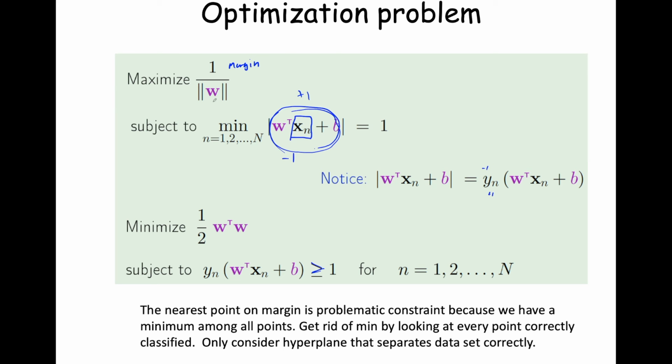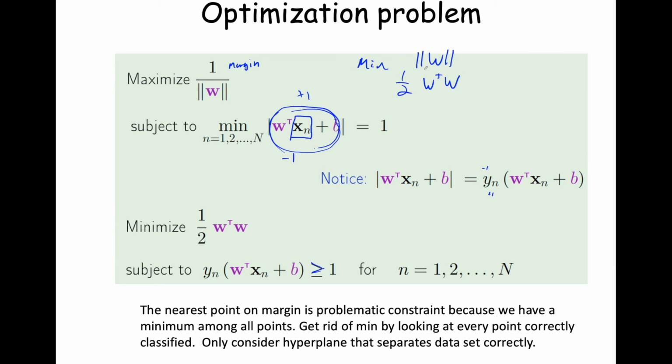If we take the reciprocal, that changes the maximization problem to an equivalent minimization problem, the minimization of 1 over magnitude of W. Now, magnitude of W has a square root, and squaring something is a monotonic transformation. So if we squared that, we would get W transpose W, and if we multiply by a scalar 1/2, that is also a monotonic transformation.